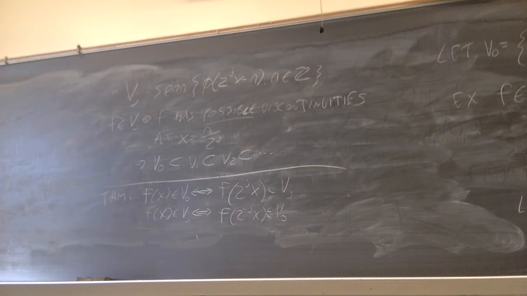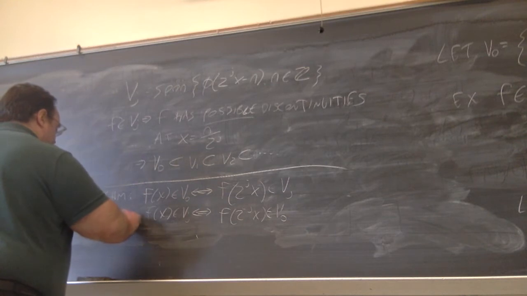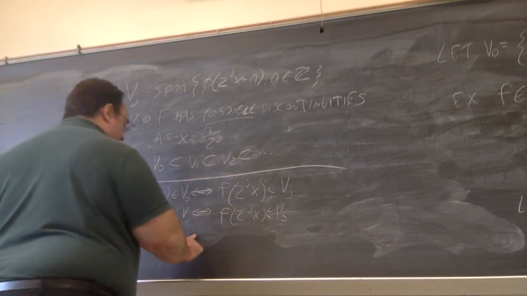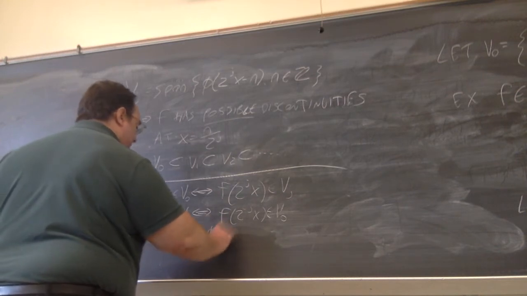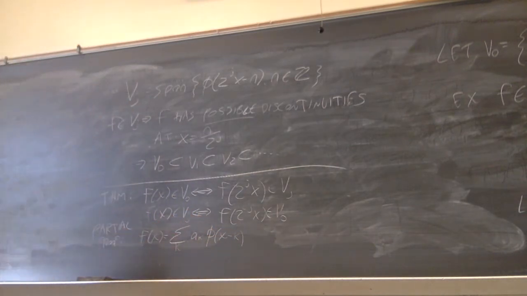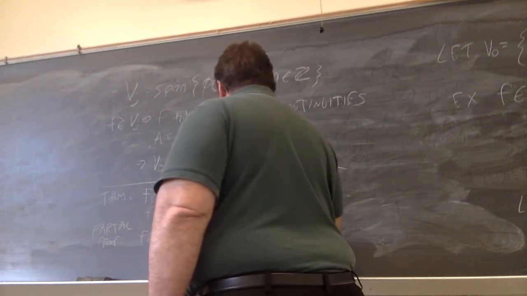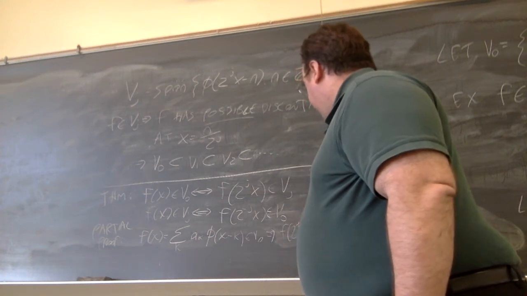To give you an idea as to how the proof works, I'll call this a partial proof. It's actually not very interesting. So suppose f of x is a sum of Haar scaling functions in the form phi of x minus k, because it's in V0, so it's just a sum of integer translations of phi of x. Then I just replace x with 2 to the j x.